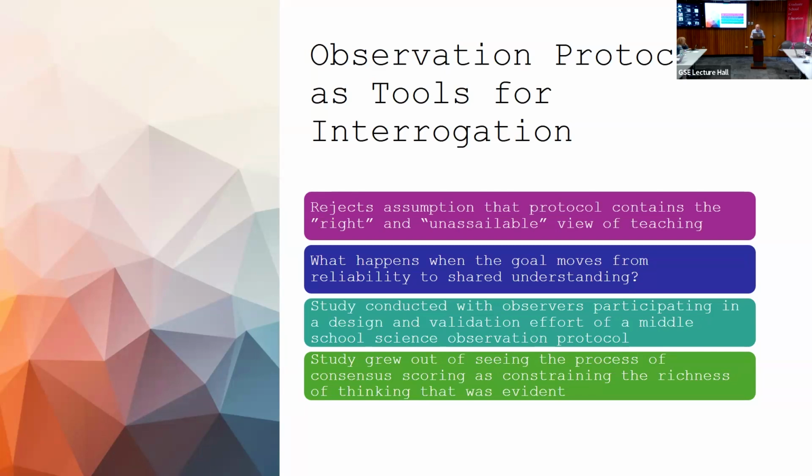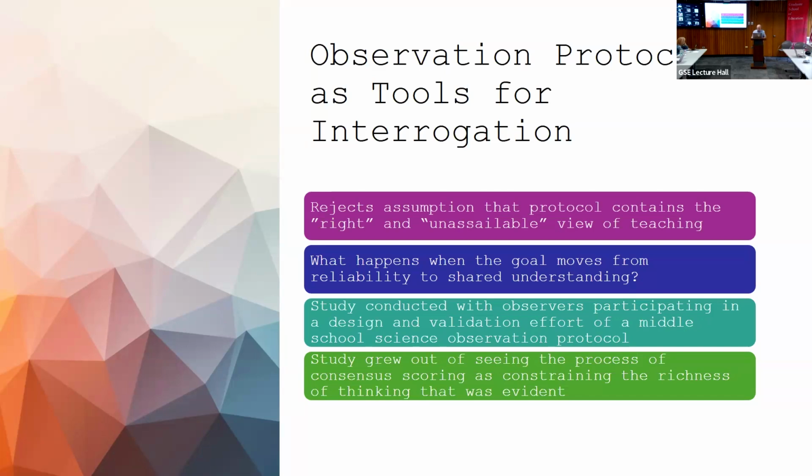We've worked with observers who are engaged in a validation study of an observation protocol. Typically what we do with them is two people score each observation, and then we come together and say we need to have a consensus score, right?